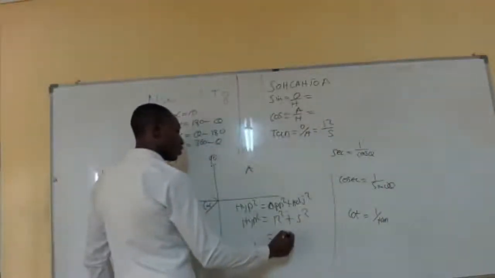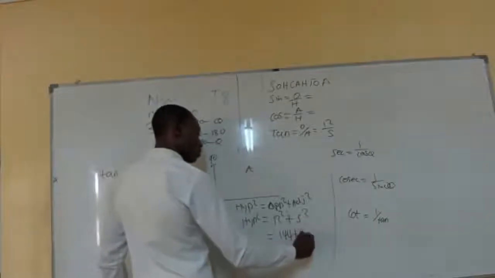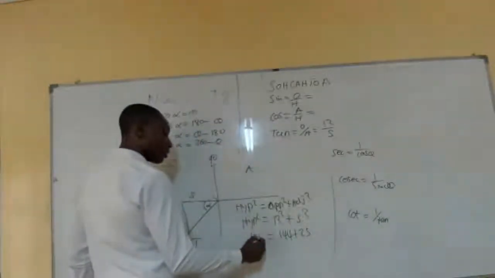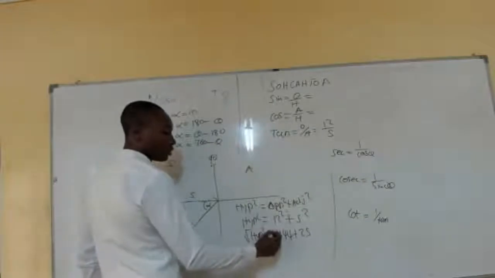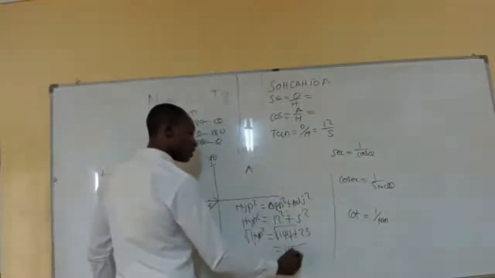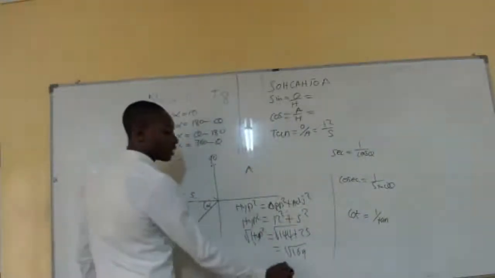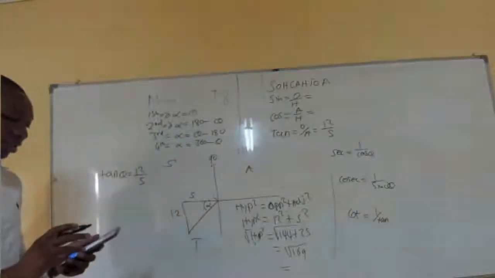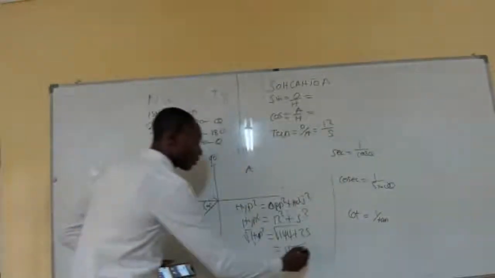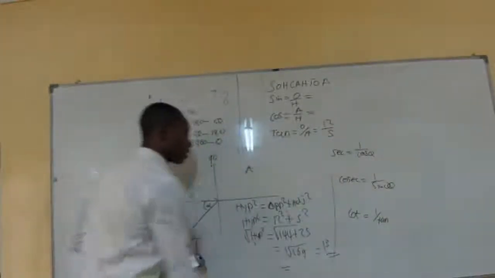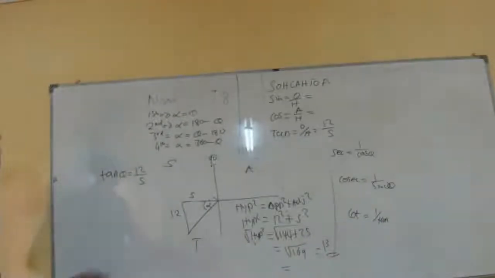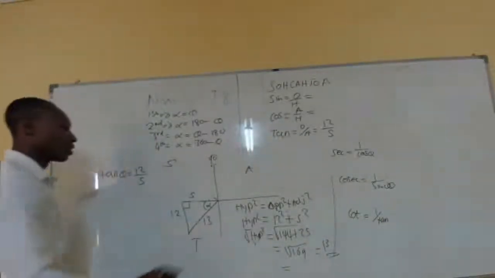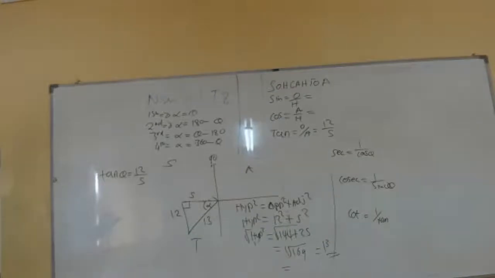This is 144 plus 25, so the hypotenuse is the root of 169, which is basically 13. So the hypotenuse is 13.